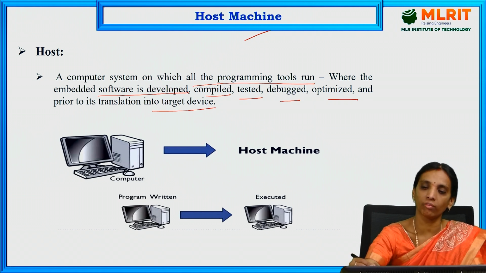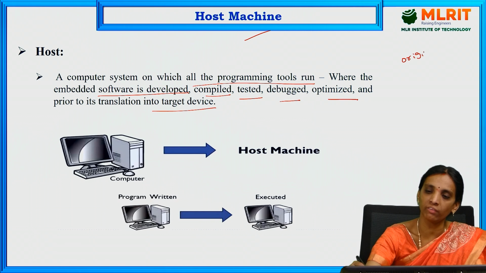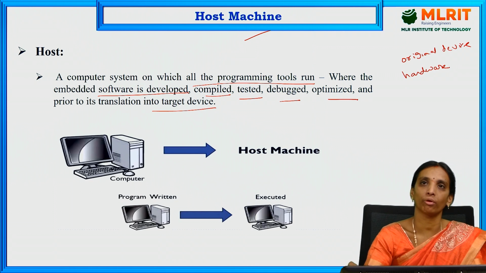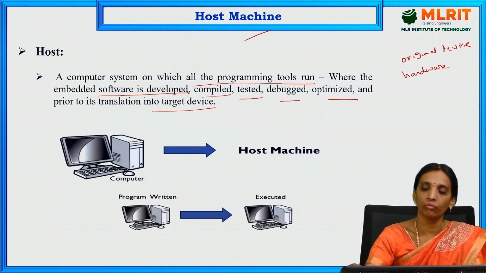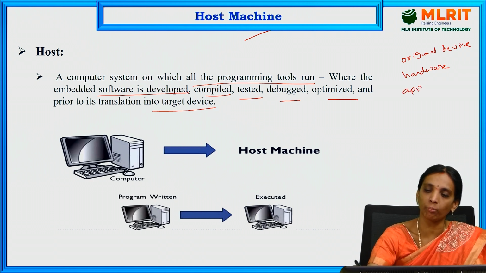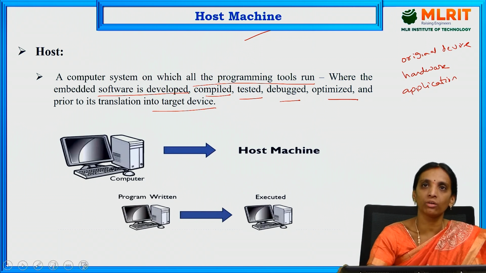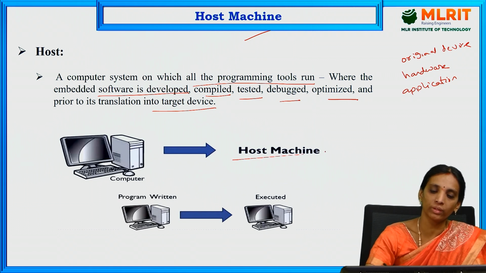The target device is the original device or hardware, the main hardware processor or model which is used for that particular application. Before entering into the real-time scenario, we need to check thoroughly all our programs. For that we use the host machine.